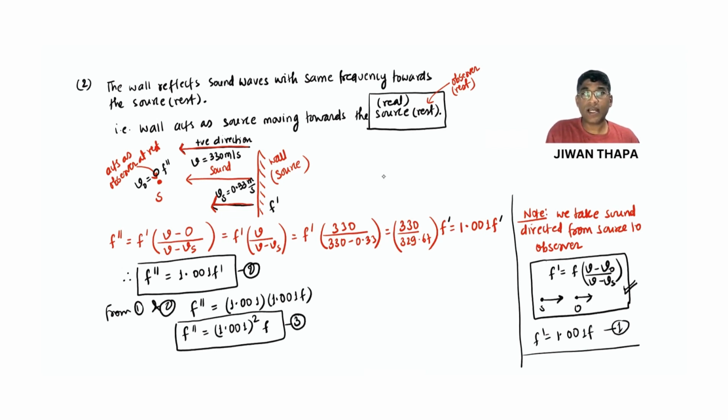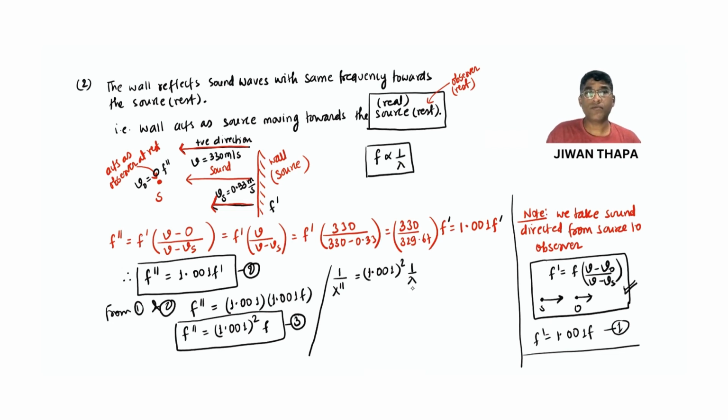And as I said earlier, frequency and wavelength are inversely proportional to each other. Therefore, we can write 1 by lambda double dash equals 1.001 whole power 2 times 1 by lambda.